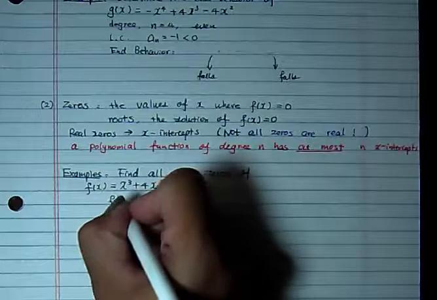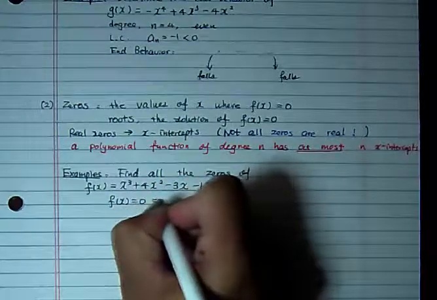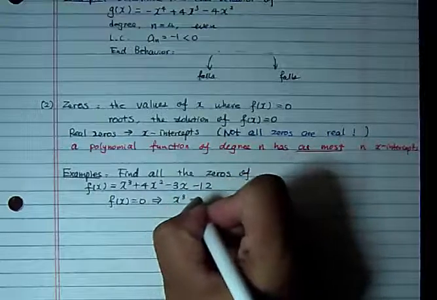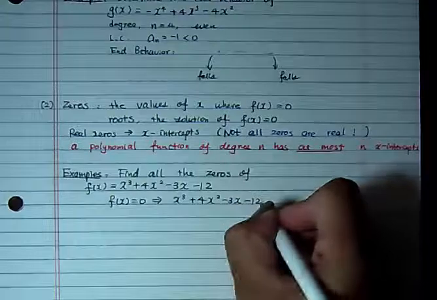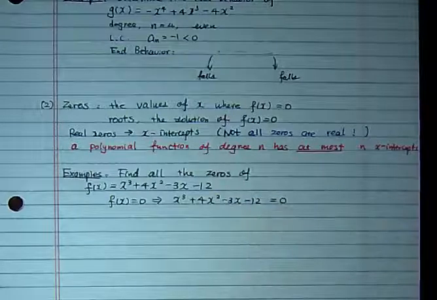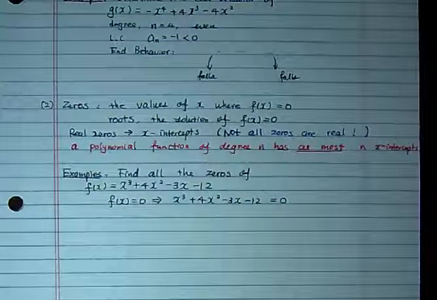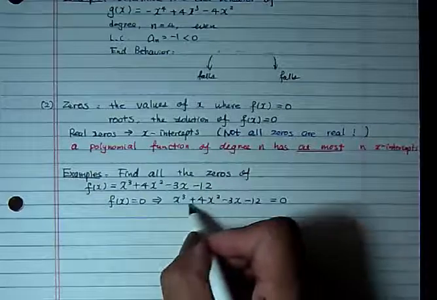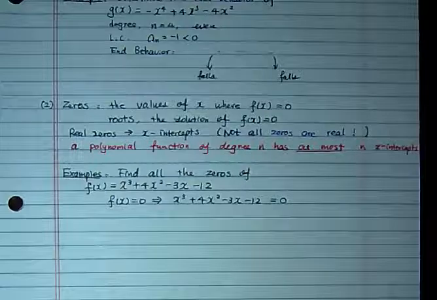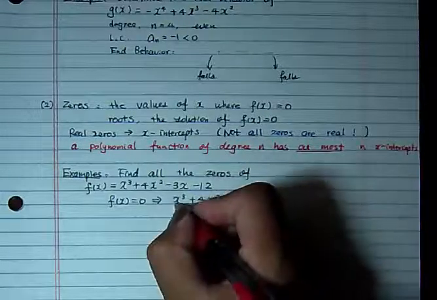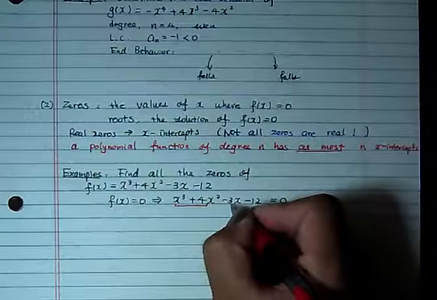Therefore f of x equals 0, which is the same as x cubed plus 4x squared minus 3x minus 12 equals 0. This is a 4-term polynomial. To factor it, we are going to use the grouping method.